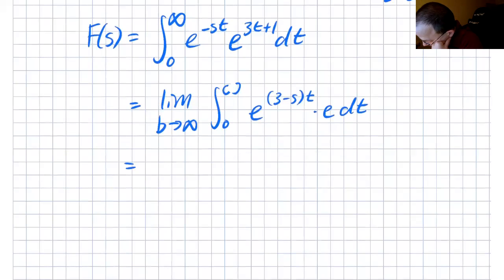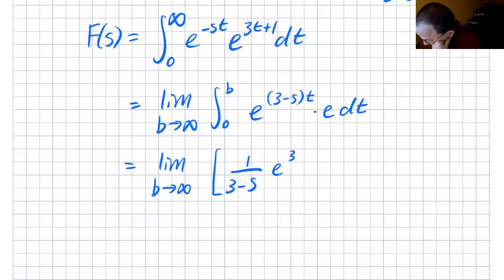Oh, this is b. So this integral will be 1 over 3 minus s, e to the 3 minus s t, times e, from 0 to b.